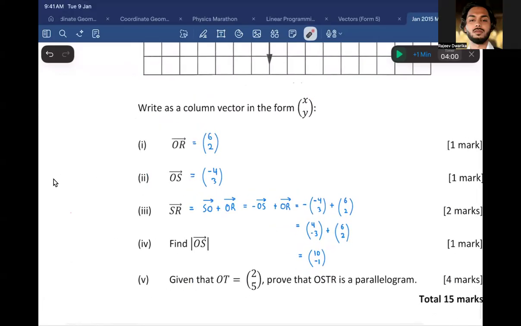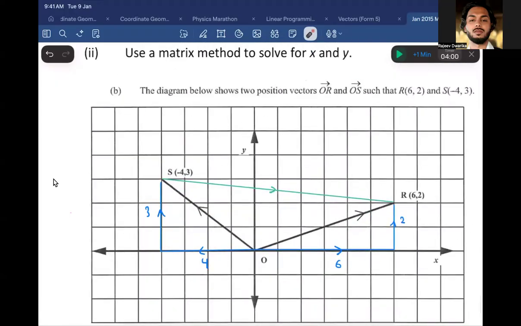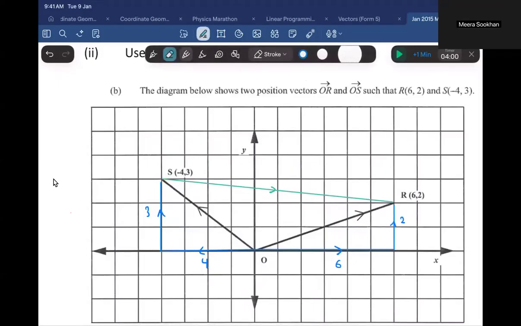If you're particularly clever, this is what you can do. So Mira, it's literally asking us how to go from S to R. So let me show you something, right? Remember, it's horizontal first, then vertical. So if I start from S, I would have to move this amount of places to what direction?